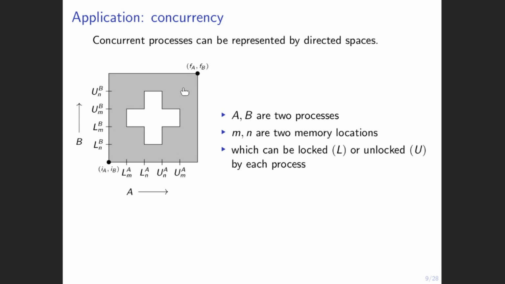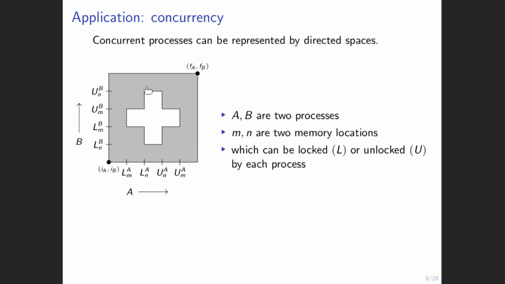And indeed, I didn't say it explicitly, but this gray area here around the cross naturally has the structure of a directed topological space. So first of all, it's just a topological space as a subspace of the plane R2.